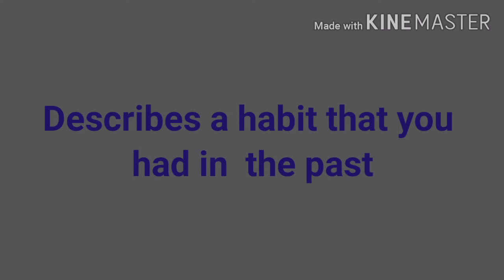It started and stopped in the past. Maybe this habit was with you when you were a child, or when you grew up, or even last year, but not now. Now you don't have that habit.